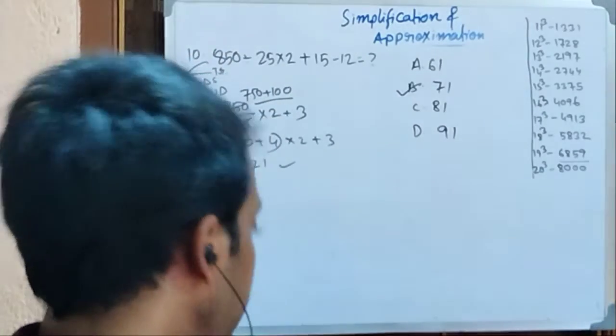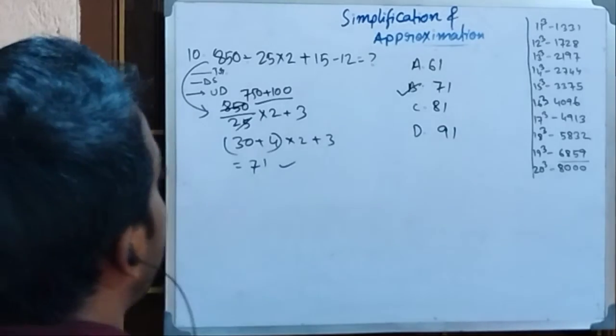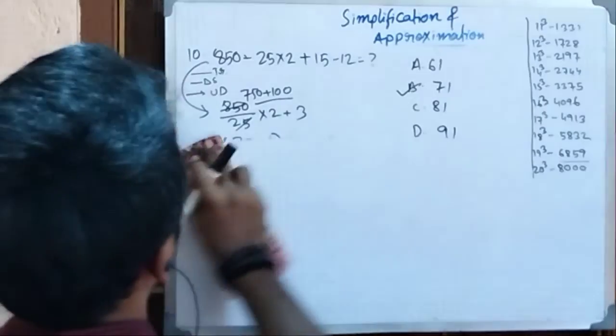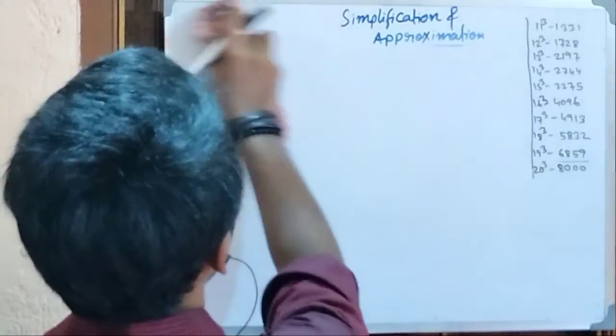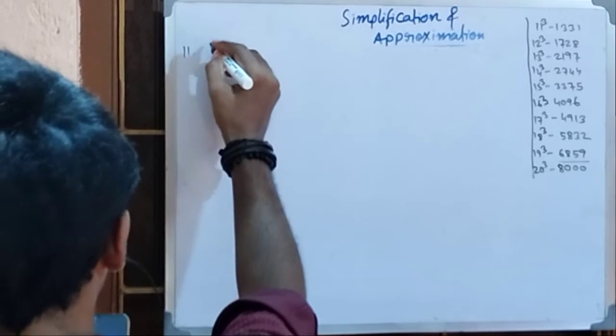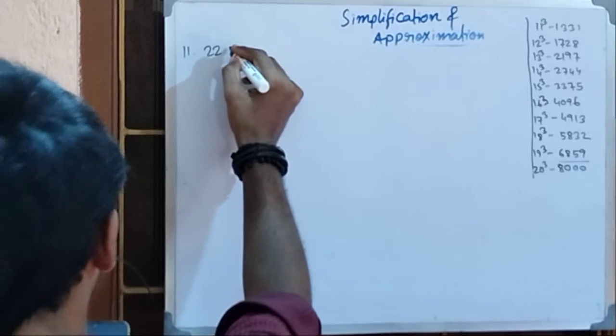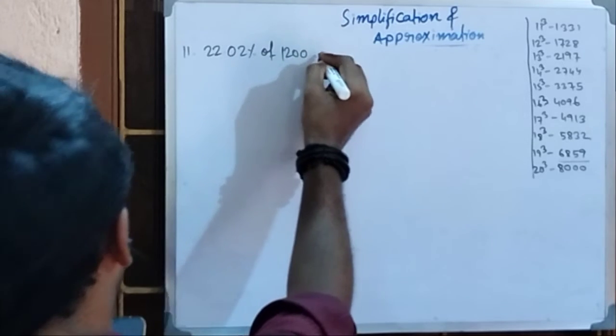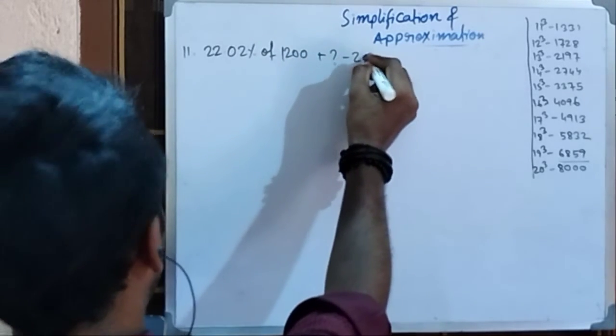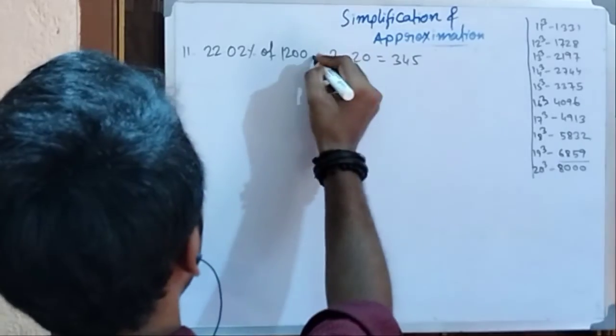Okay, now I am moving to approximation, the practice questions of approximation. The first question of approximation, question number 11: 22.02% of 1200 plus question mark minus 345.